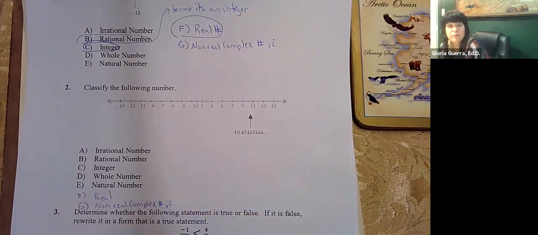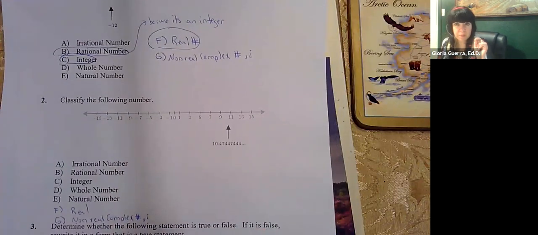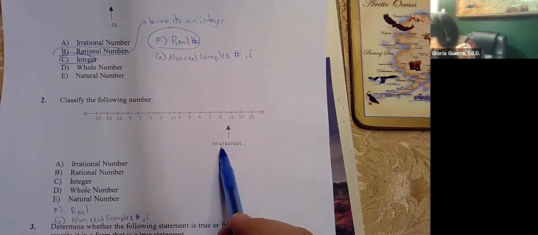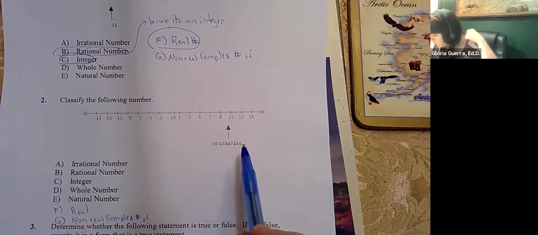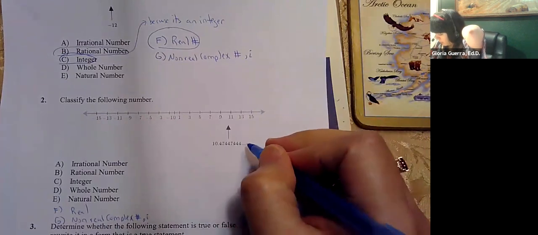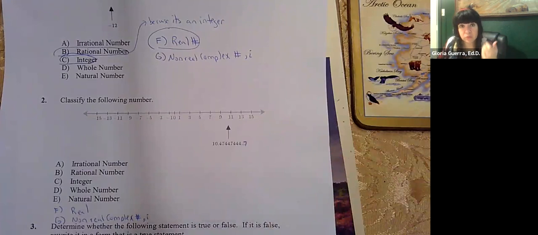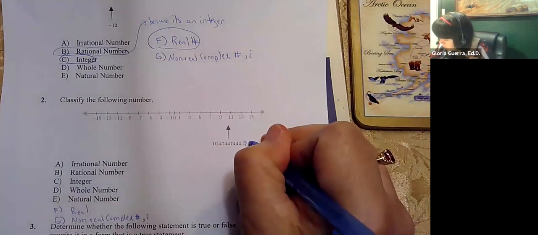Okay, now this number, I want you to notice it kind of has a pattern to it. Look how we have 10.47 and then look, 447 and then 444, and we're guessing that the next one would be a 7 after that, and then probably 4 4s.